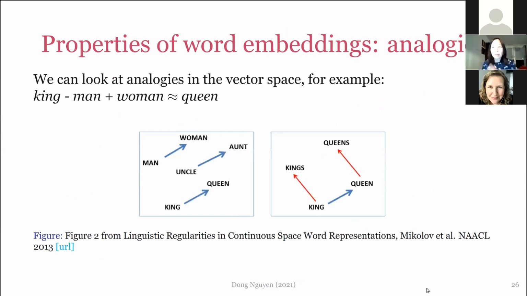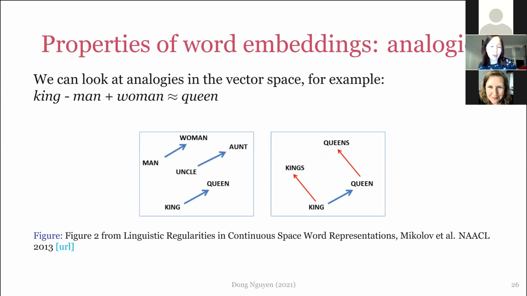The most famous example, perhaps, if you've already heard about word embeddings before, are these analogies. Word embeddings also encode properties like gender, occupational associations, etc. And sometimes we can do these kinds of vector arithmetics in a vector space.